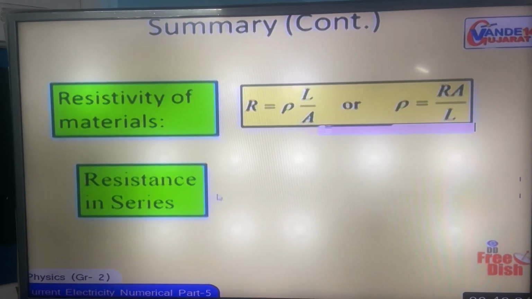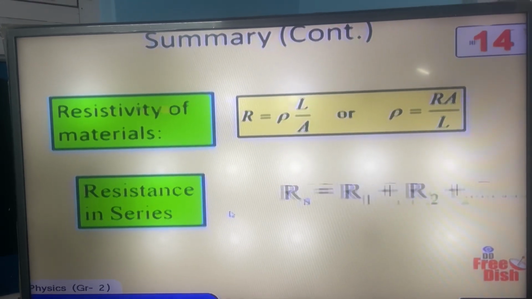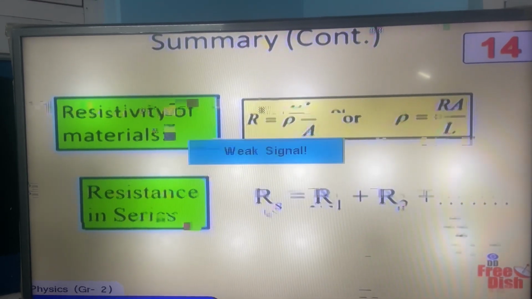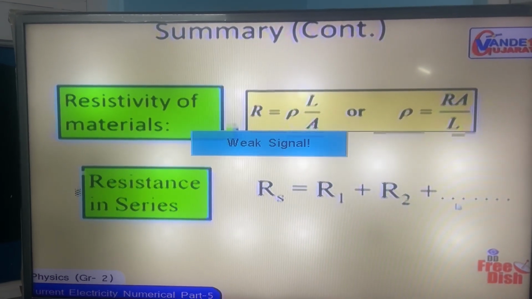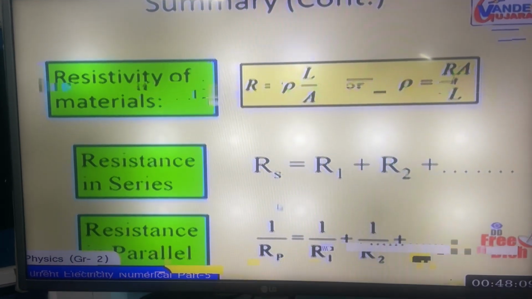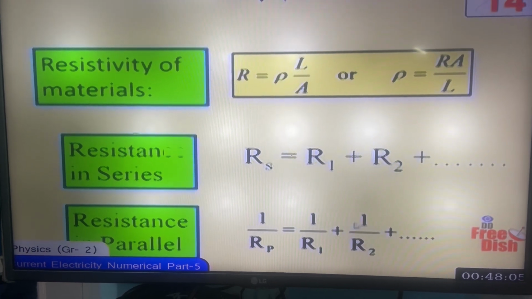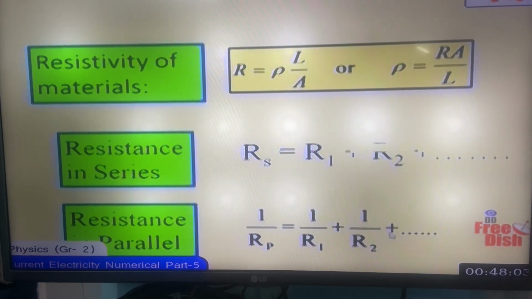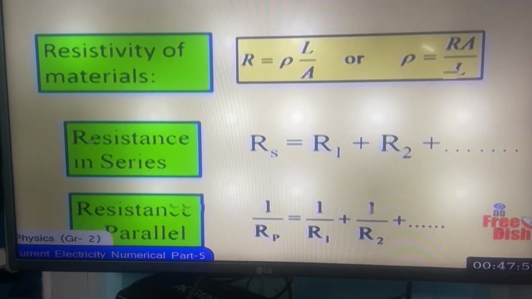If we connect resistances in series, the formula is resistance in series is equal to R1 plus R2 plus R3 and so on. For resistances in parallel, 1 upon Rp is equal to 1 upon R1 plus 1 upon R2 plus 1 upon R3, and whatever resistance you connect in parallel.